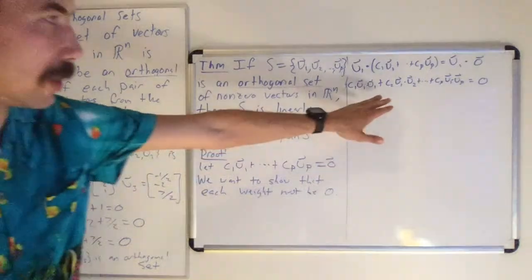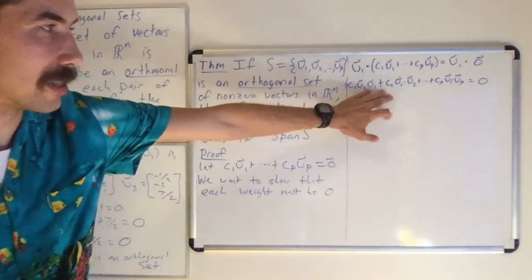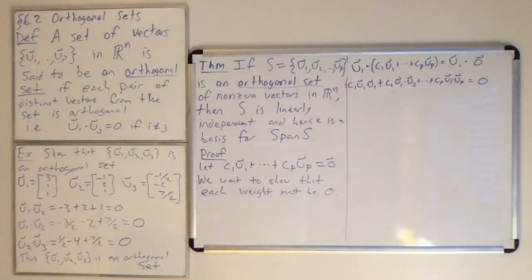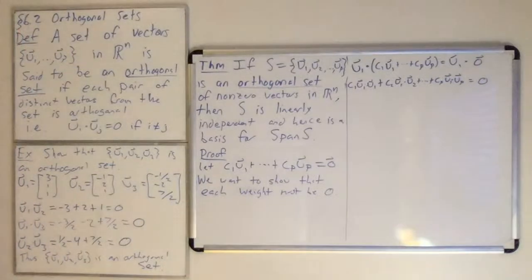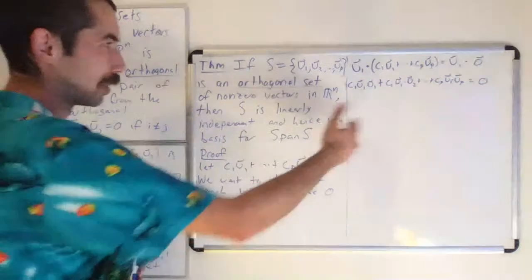Can we do anything with this left-hand side that will simplify it a little bit? Remember, we have an orthogonal set, which, as we said in the chat, means there are a lot of dot products that go to 0. So what can we say about the left-hand side?